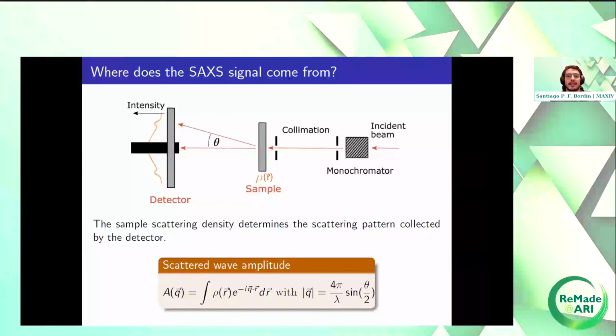So where does the SWAXS signal come from? We have here a basic setup. We have the incident beam, then we have a monochromator to select the energy. Then we have a collimation system to focus the beam into the sample, or it also can be focused into the detector, depending on our setup or our system, what is more interesting.